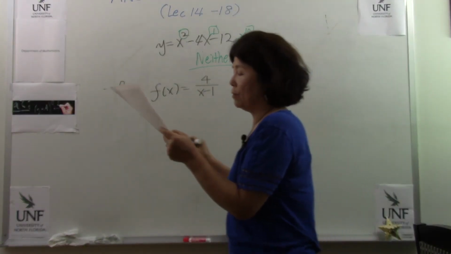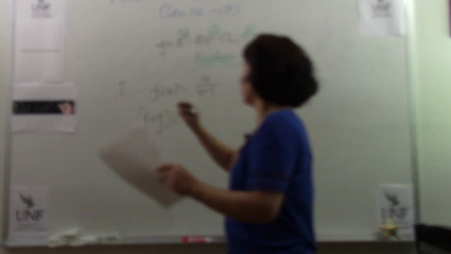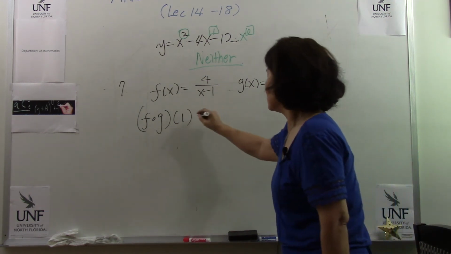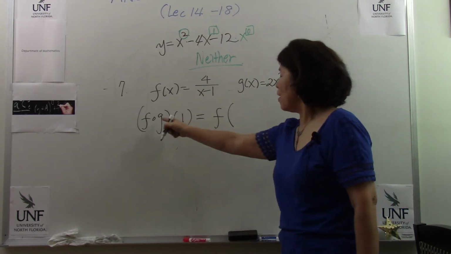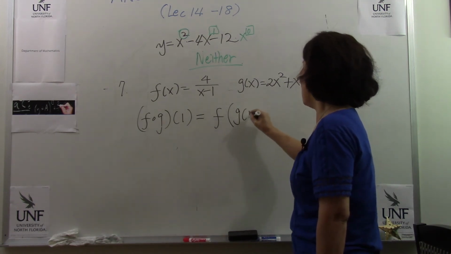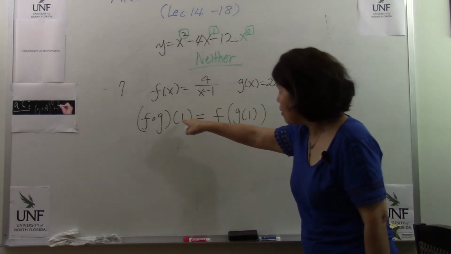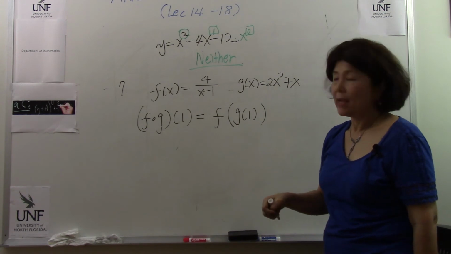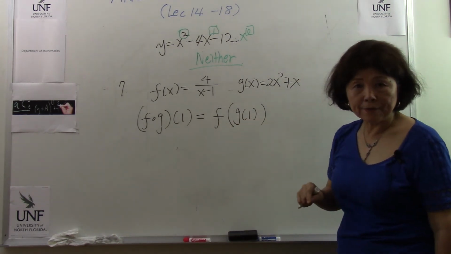Given this, we want to compute f circle g of 1. What do we mean by f circle g of 1? By definition, the function g goes inside this f. So f of g of 1. This value x equals 1 is applied to g, and then g of 1 is applied to f.